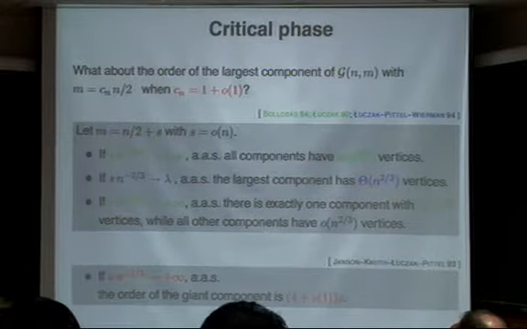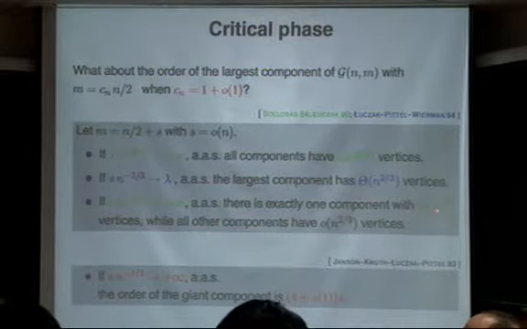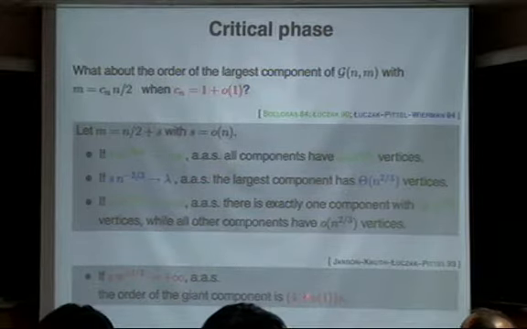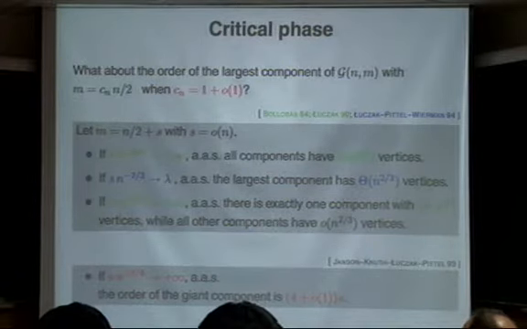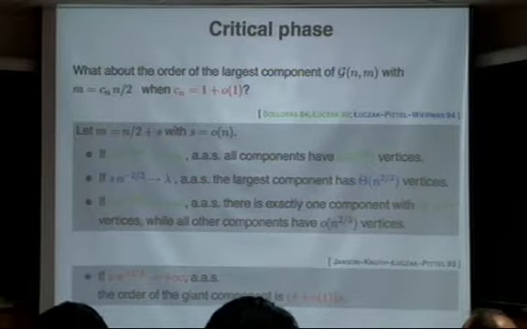In this statement I said there is exactly one component with much more than n to the 2/3 vertices, but here you can refine it further: the order of the giant component is roughly 4 times s. And it tells us the speed of the growth of the giant component.